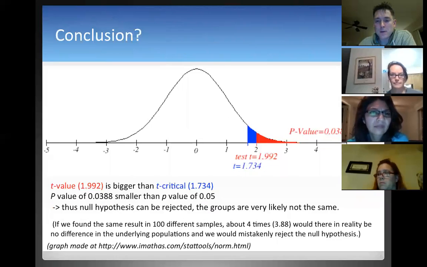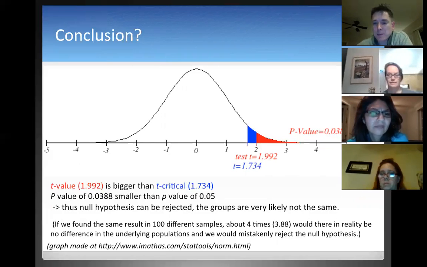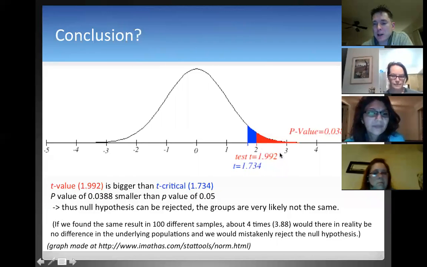And now I don't want to confuse you guys, but what's important to see, have you guys seen this p-value? The p-value is the probability of getting such a value or higher.